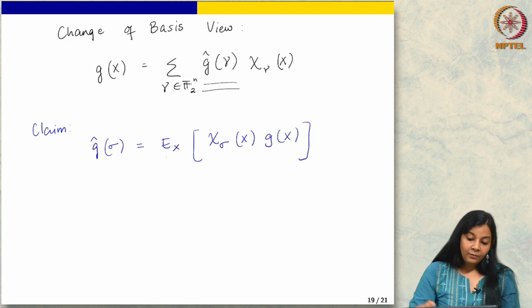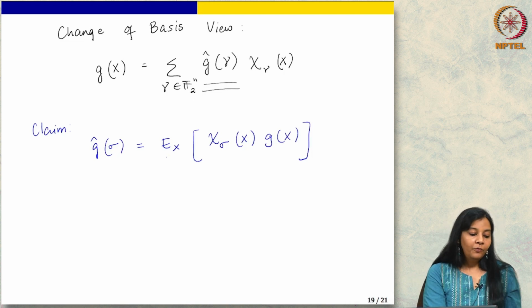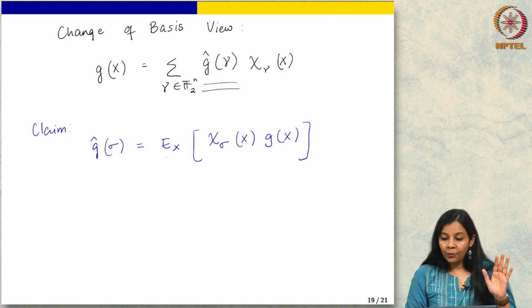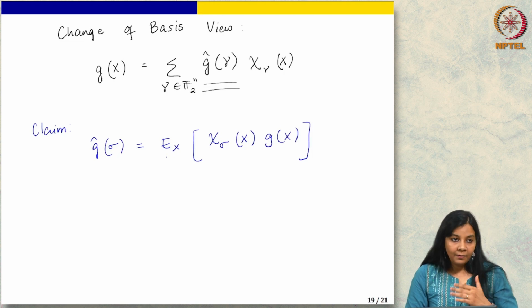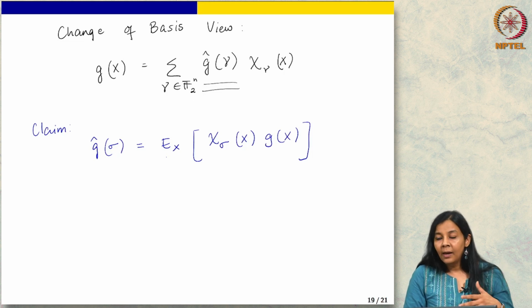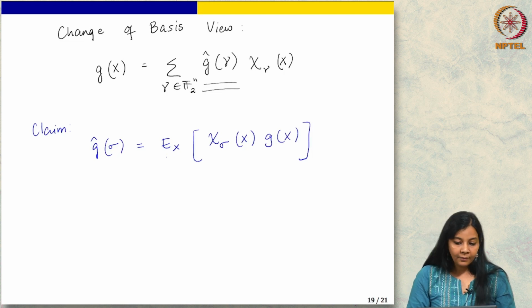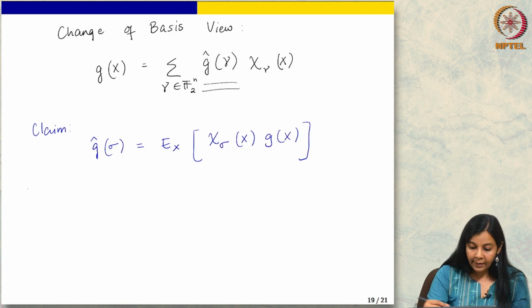So here x is uniform. So so far we've simply proved the fact that it's a basis, and we've written any function as a linear combination, and now we need to work out what these coefficients are. There is nothing very sophisticated. Let's prove this claim.